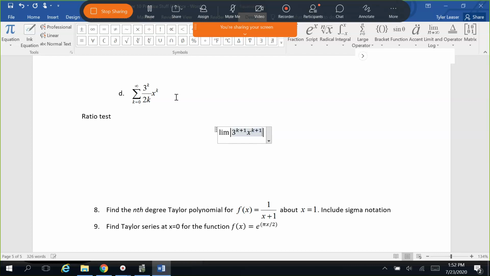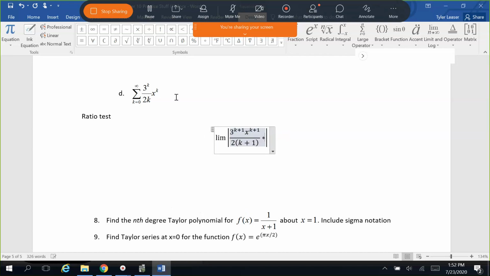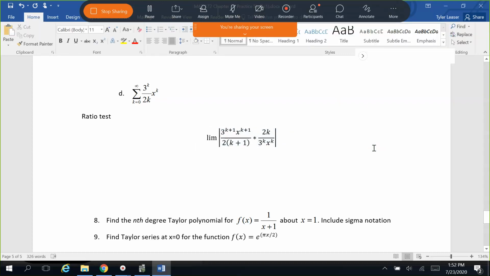So just writing it all out. Times the reciprocal of just the kth term. We'll simplify this thing down as much as we can.